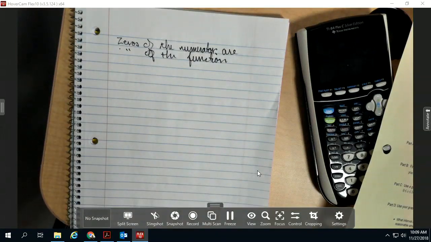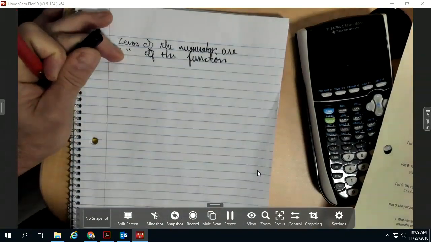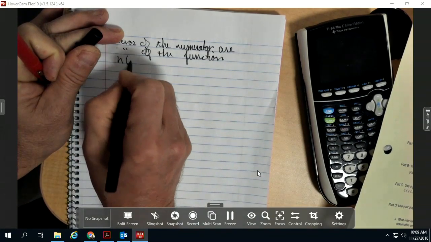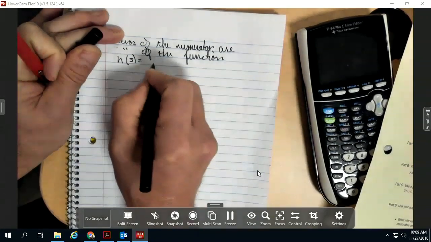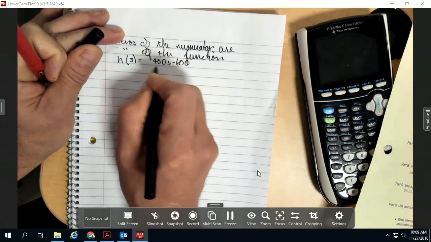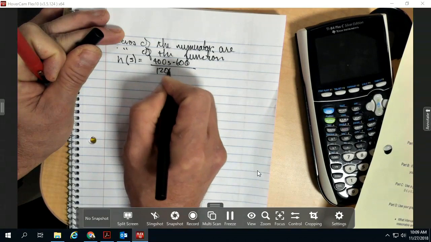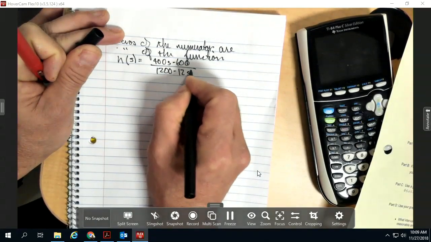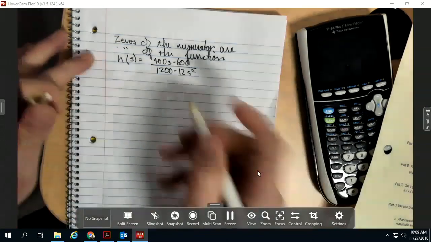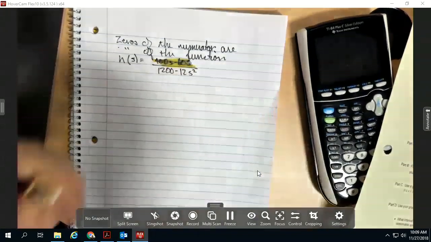Find all the values of s for which h of s is 0. Also, h of s is (400s minus 600) over (1200 minus 12s squared). The only thing we have to pay attention to is the numerator.